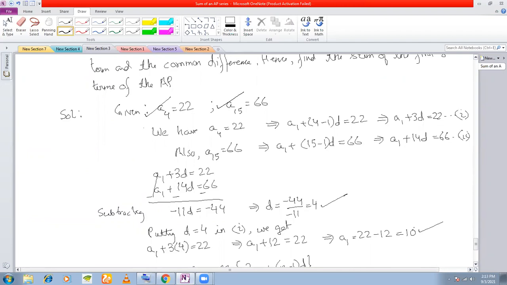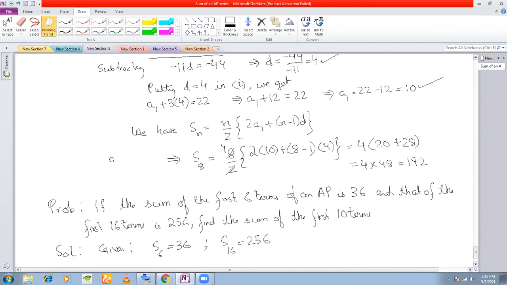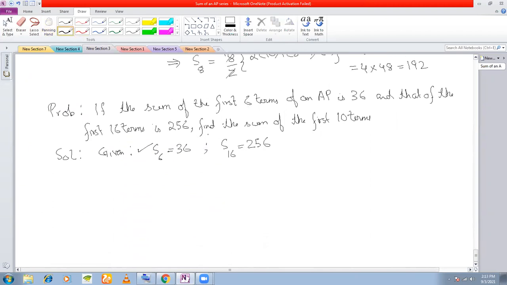This is a very similar kind of sum in which the terms are not given, but in fact the sums are given. In this, S6 is given and S16 is given. From these two, we will form a simultaneous equation, and then we shall solve it exactly like the previous problem. Okay, we start with the first one.